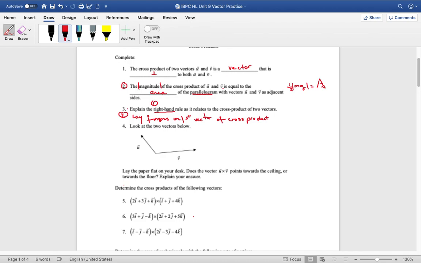And then 3, you need to curl your fingers in the direction of the second vector.